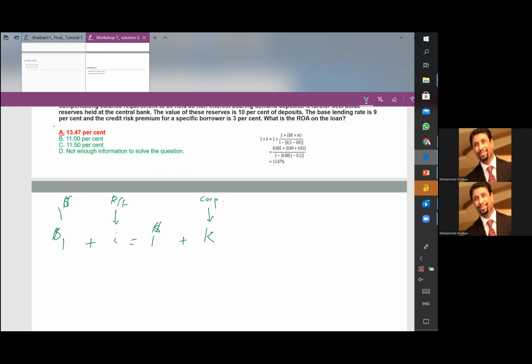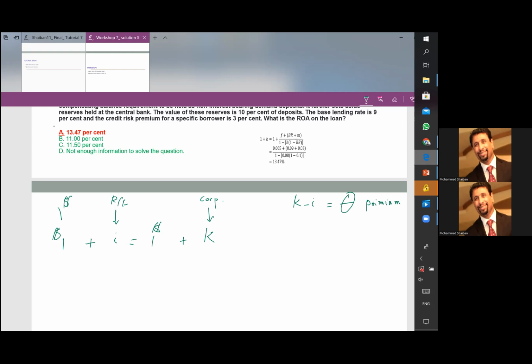And this should be equal if the corporation is 100% will pay me, because the difference between K and I is actually something called the premium. And the premium is for credit risk.